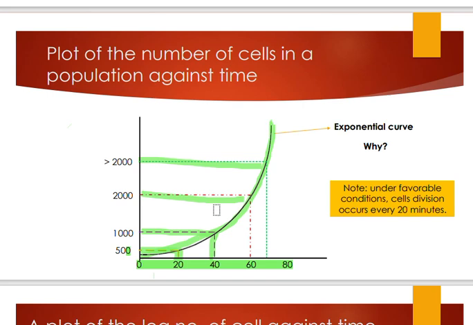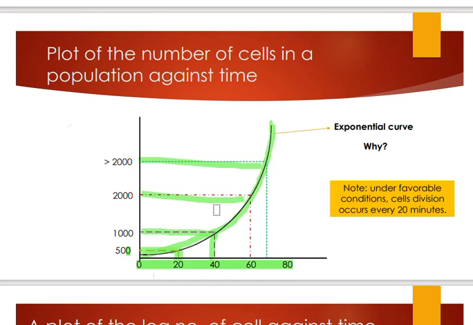I have discussed earlier that unicellular microorganisms, such as your bacteria, grow by binary fission. That is why you have exponential growth in your number. Under favorable conditions, cell division occurs every 20 minutes.